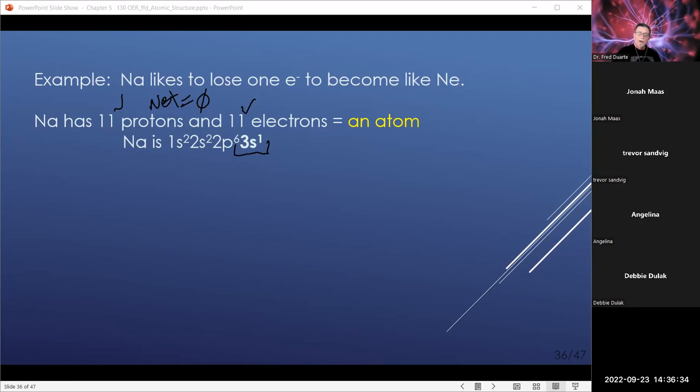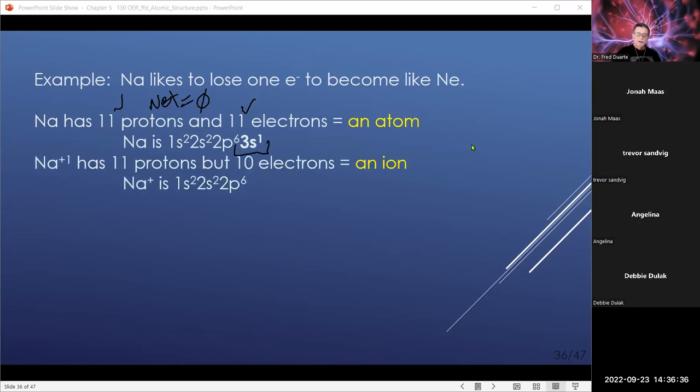Now, when it loses that 1 electron, because it is a metal. Remember, sodium is a metal. It will always lose electrons, and it's going to lose that electron in the outermost shell. And now its new valence shell is in the second energy level, of which they now have 8 electrons around the outermost shell. It does now have a total of 10, so it didn't lose protons.